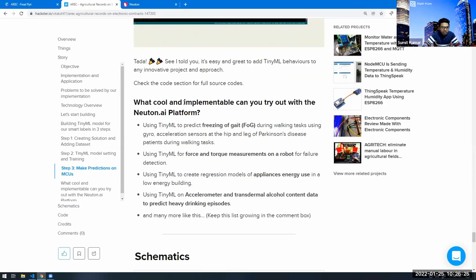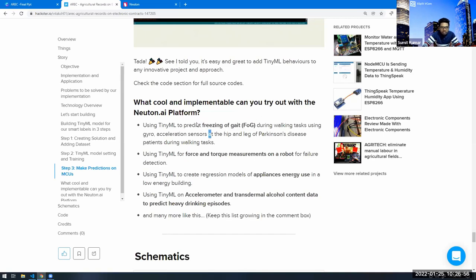Whenever we talk about TinyML, the only thing that comes to my mind is that it should be implementable and solve a real problem. We already have supercomputers solving huge problems for astronomers and weather scientists. But in the TinyML space, how it can solve daily problems should be the main focus, in my opinion.